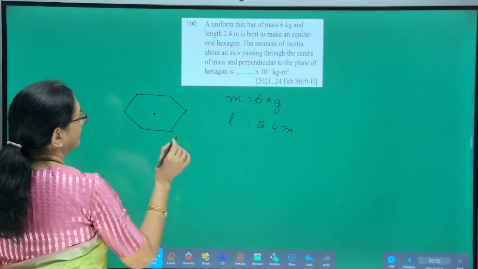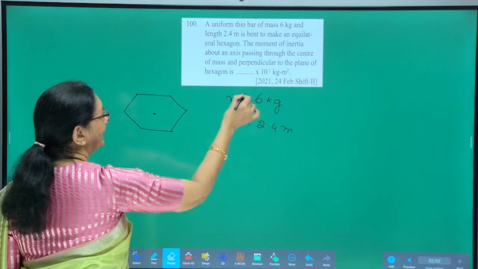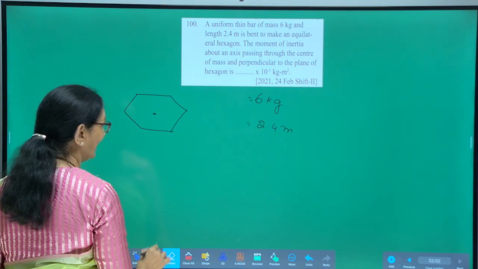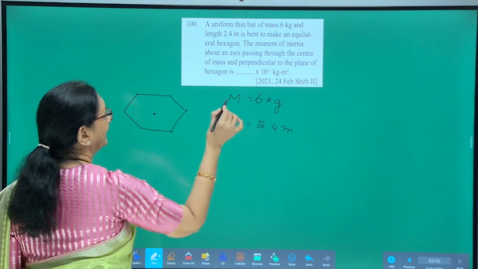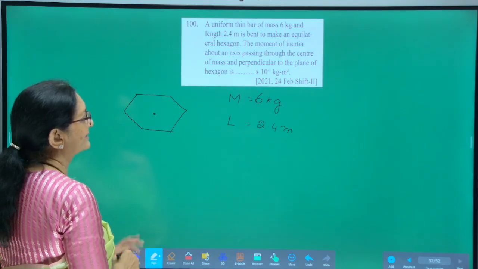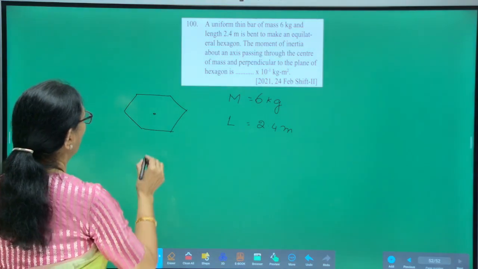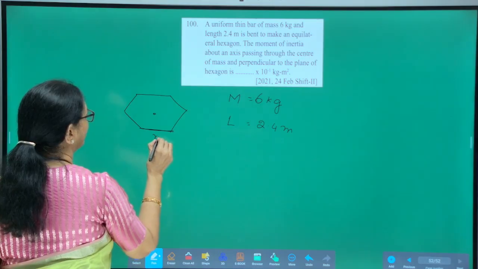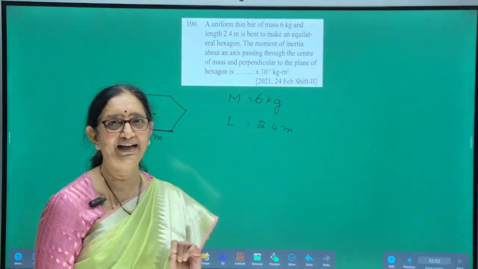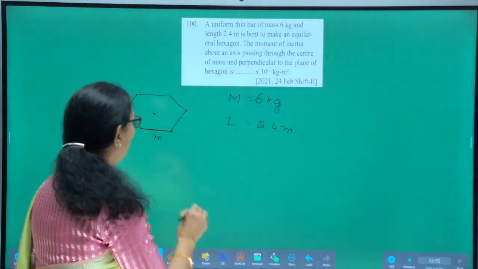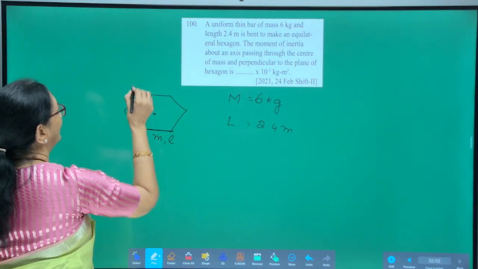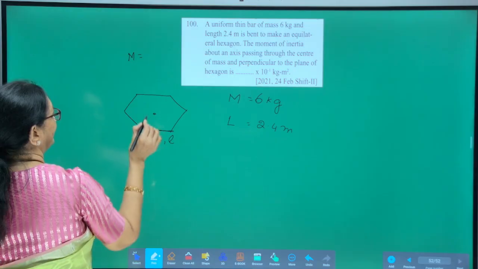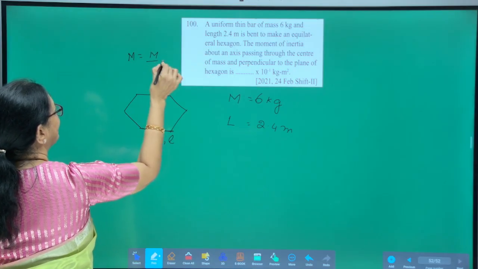Let us take the mass of the rod as capital M, length of the rod as capital L. Now, mass of each rod forming the side of the hexagon as small m, length of each side as small l.